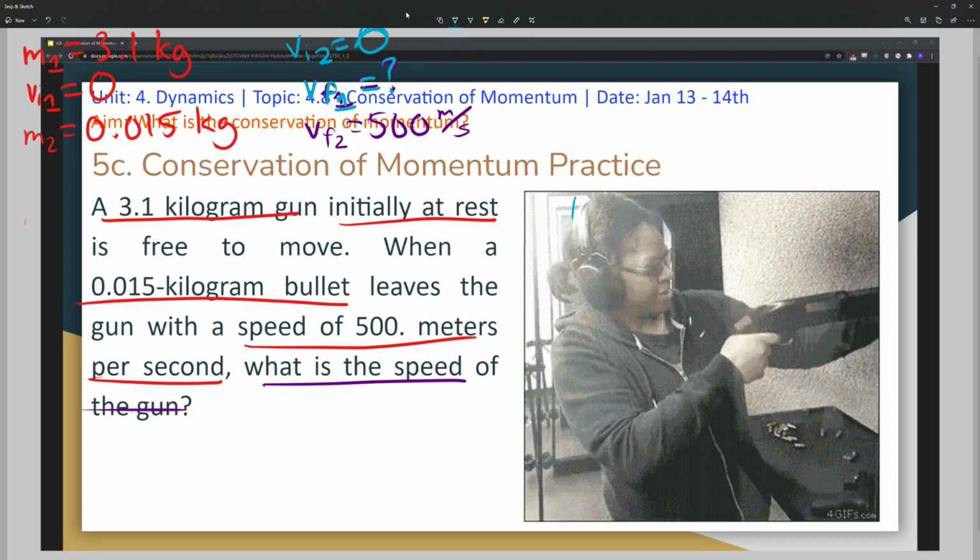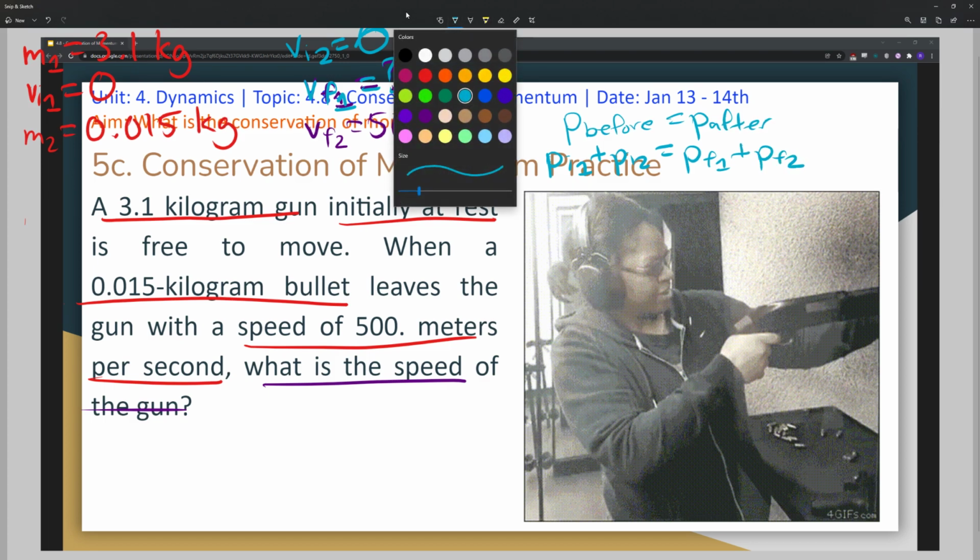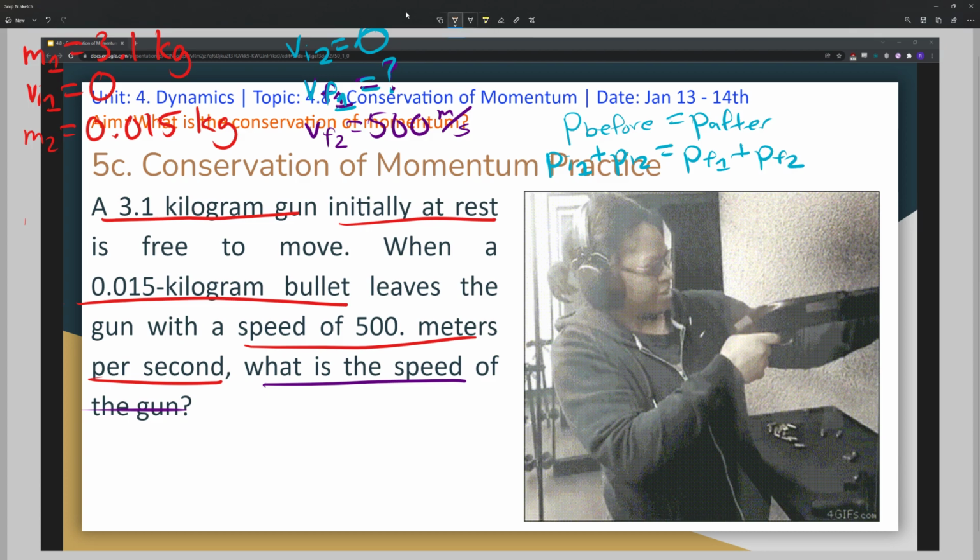So we're just going to solve it, right? We're going to use the momentum formula. Your momentum before a collision is equal to your momentum after a collision. And so your initial momentum of object 1 plus your initial momentum of object 2 is equal to your final momentum of object 1 plus your final momentum of object 2. I'm shopping around for good colors to use, right?